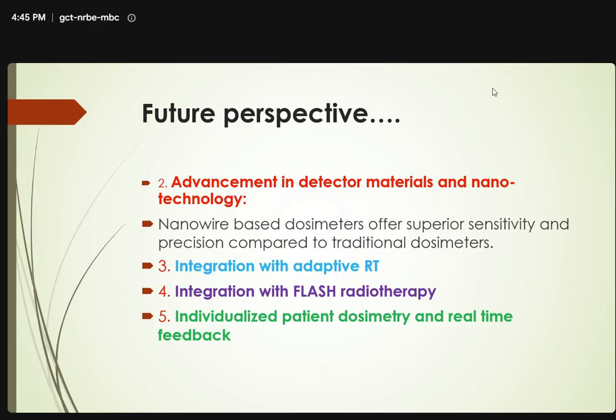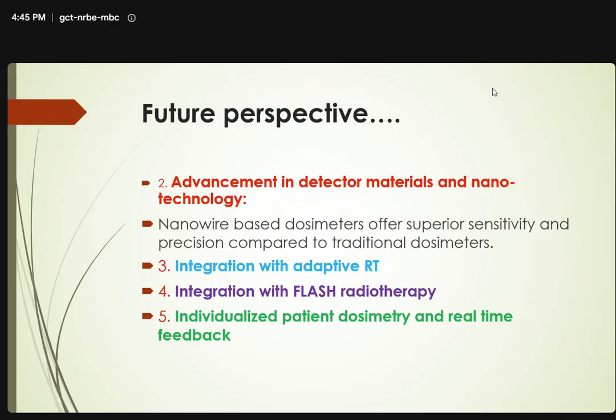This capability not only enhances the treatment accuracy, but also improves the patient safety by identifying and addressing the potential errors before they affect the clinical outcomes.